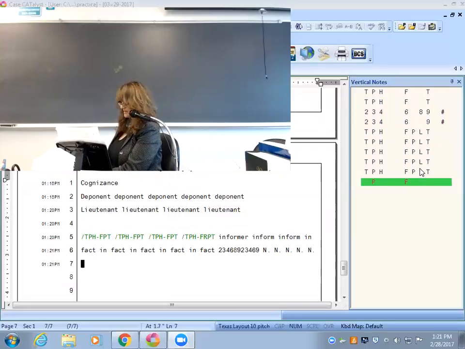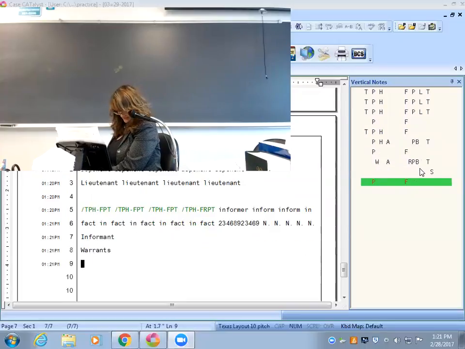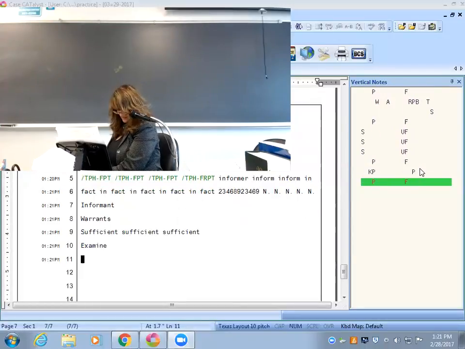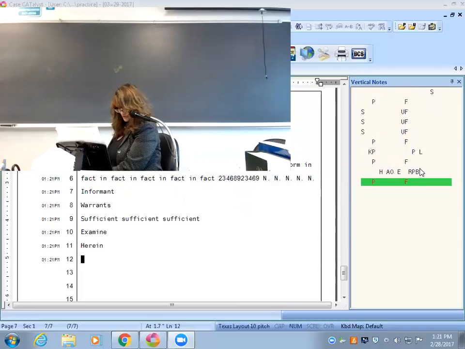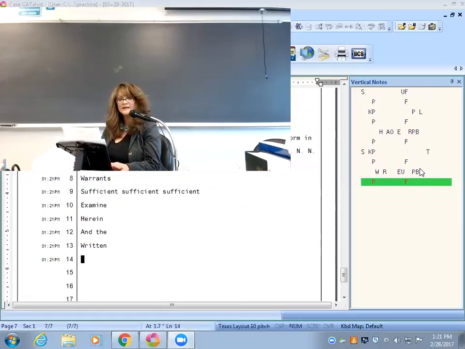You've got to come back with that. So informant, okay? And then you have warrants, warrant, come back, final S. Sufficient, SUF, examine, KPM. You have here in, one stroke. And the is one. Written is one. Anything that's bold in your sheets is one word, okay?